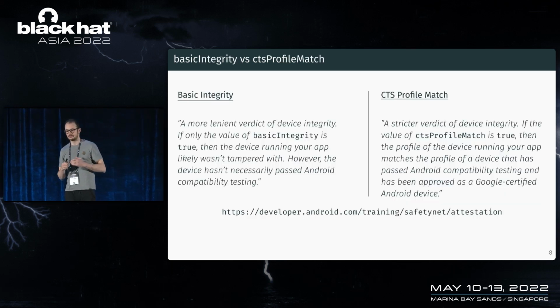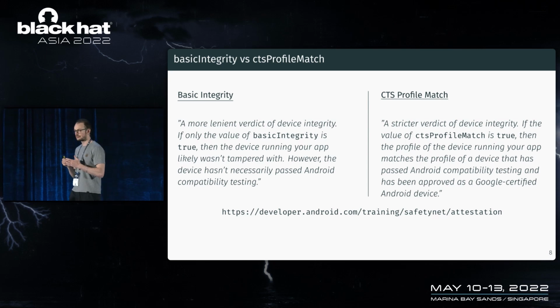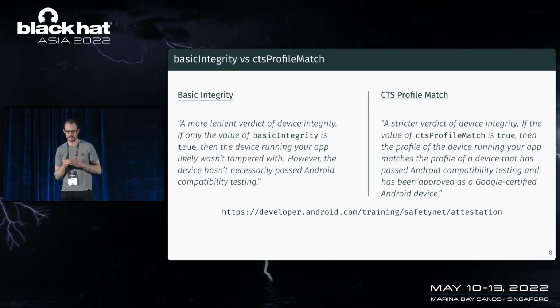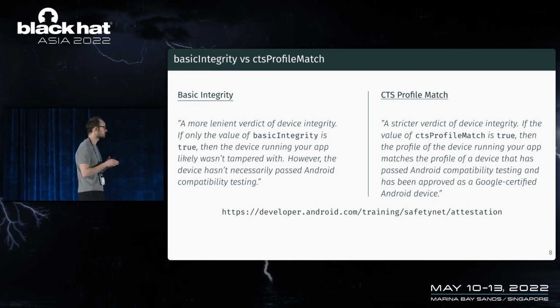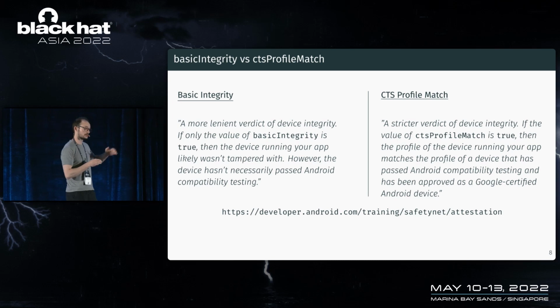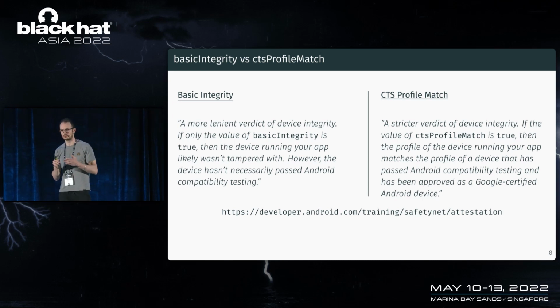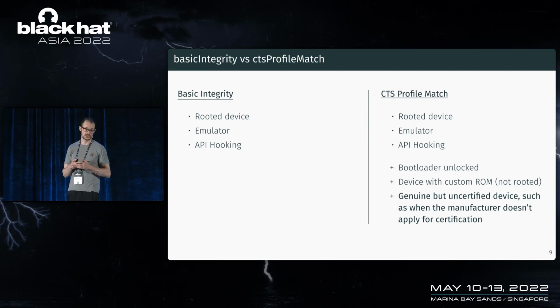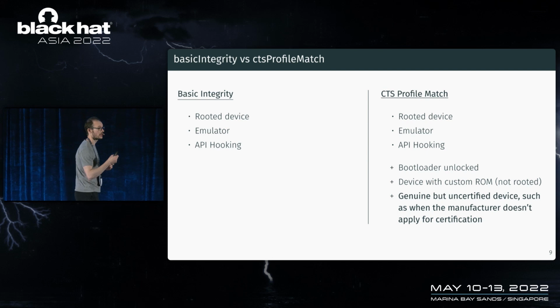And SafetyNet will provide two flags basically to determine whether the device is safe or not. The first one is basic integrity, and the second one is CTS profile match. Here are the descriptions that are available on the Google website. But basically, the basic integrity check will determine whether the device is rooted, if it's an emulator, and if there is some presence of API hooking like Frida.